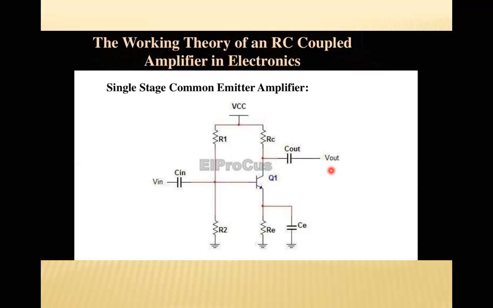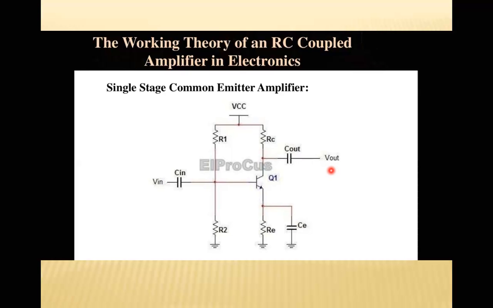Or we can say that the proper flow of zero signal collector current and the maintenance of proper collector emitter voltage during the passage of signal is known as transistor biasing. So that is the purpose of using R1 and R2 for the proper transistor biasing.